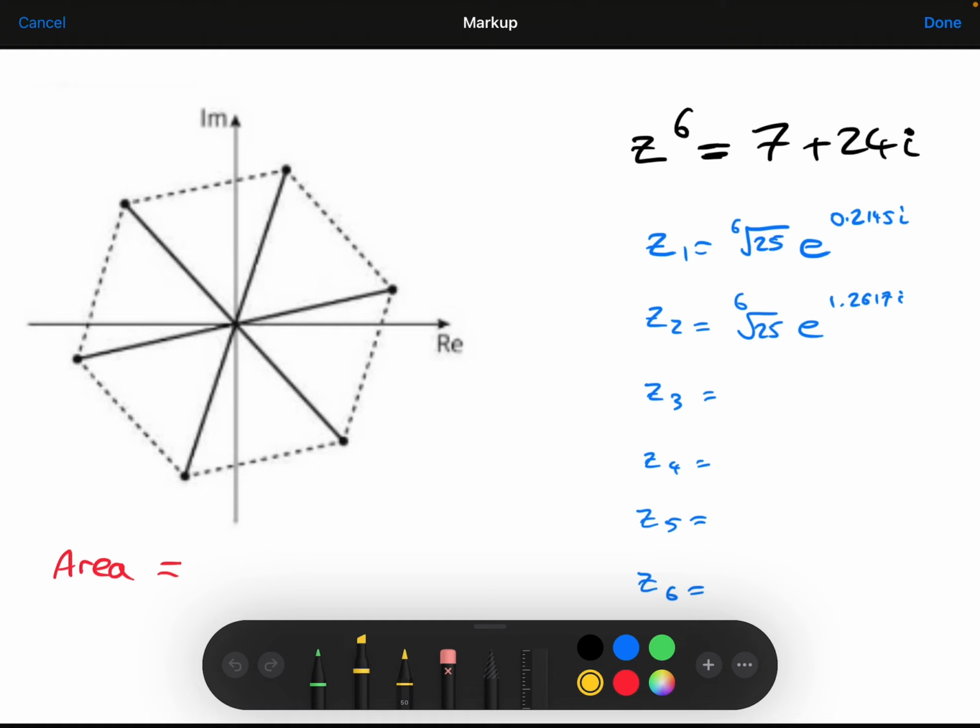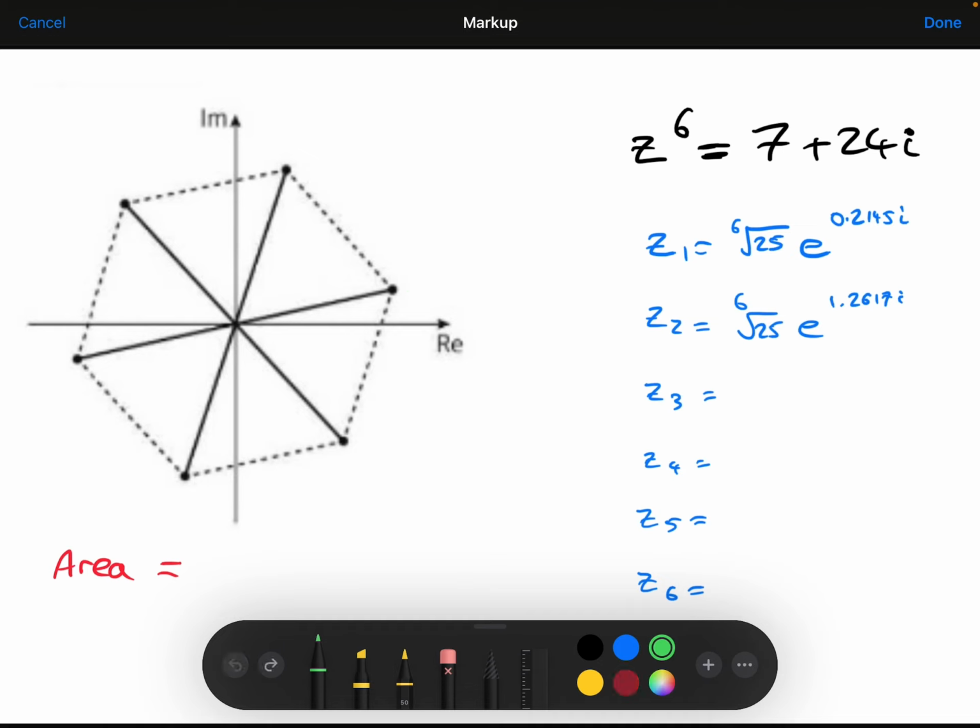I did the second root there, and then we could work out the rest using the method from the last video if we need to. I could turn each of those into Cartesian form and plot all of those as coordinates, and then try and work out the area of the hexagon from there.